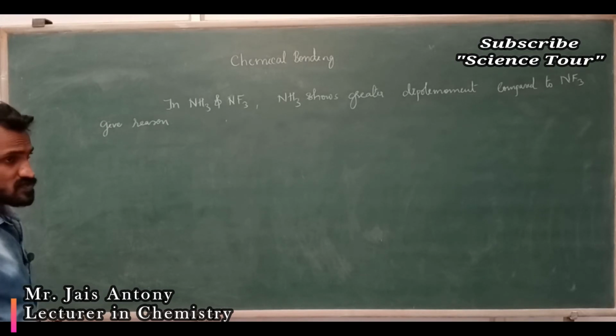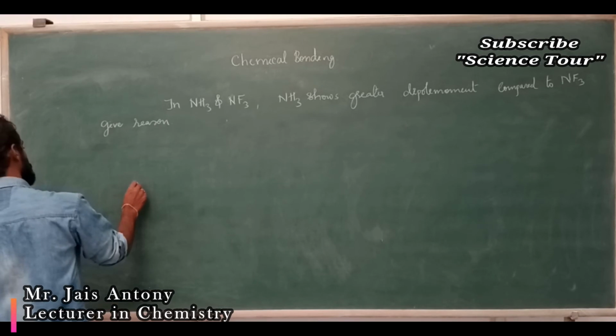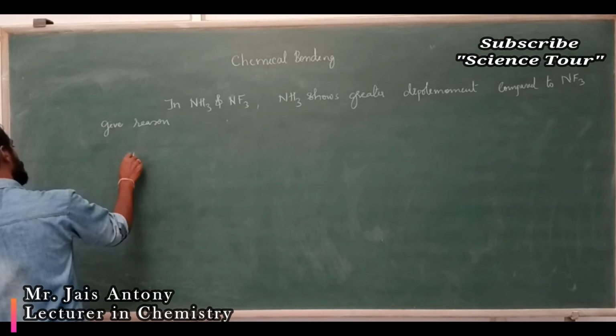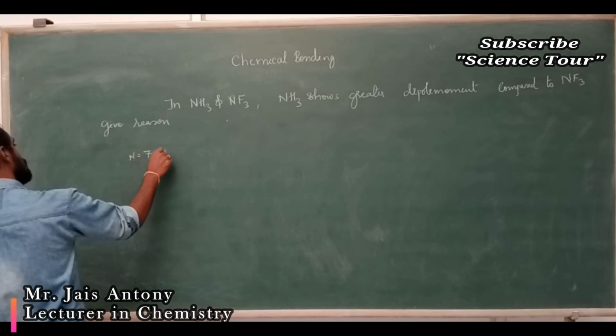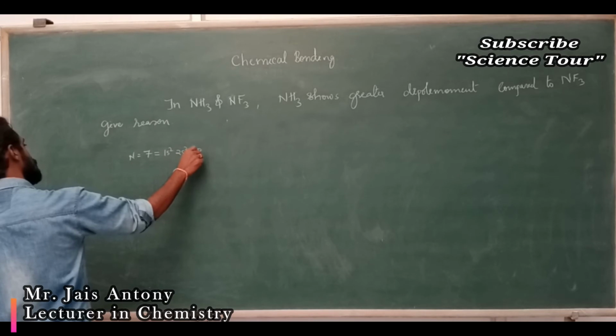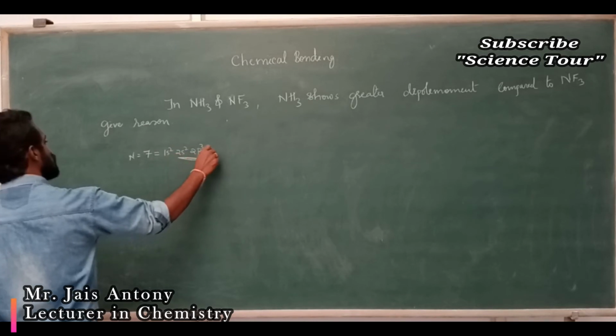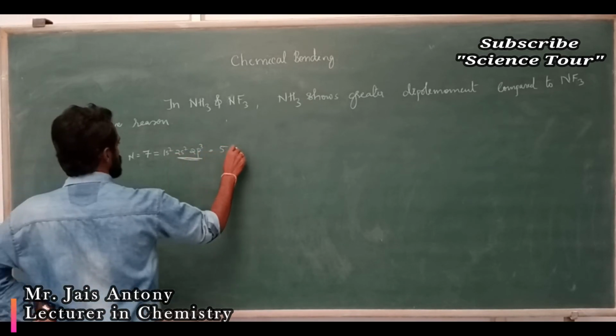My dear students, in NH3 you will draw the NH3 structure. Nitrogen has 7 electrons: 1s2, 2s2, 2p3. So 5 valence electrons are present in nitrogen.